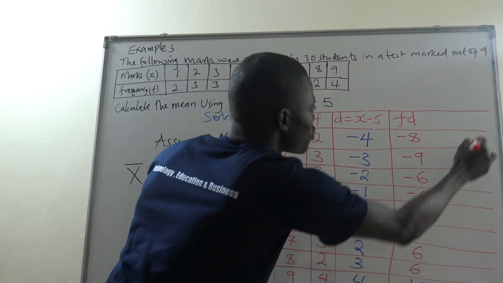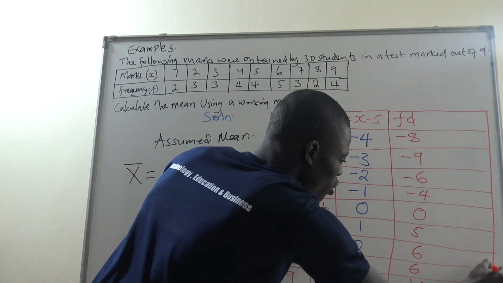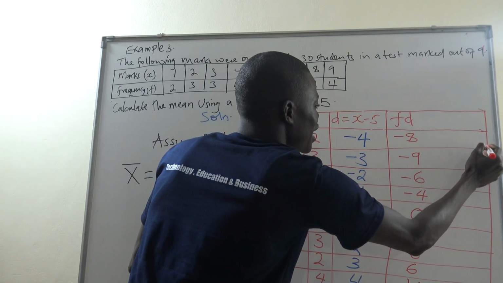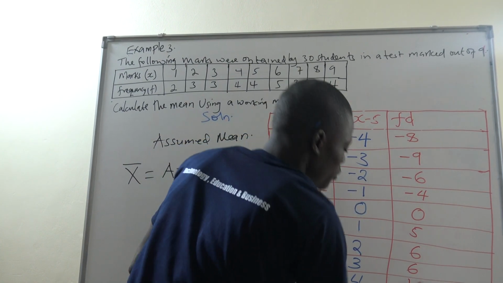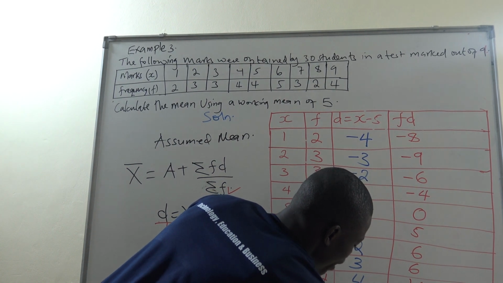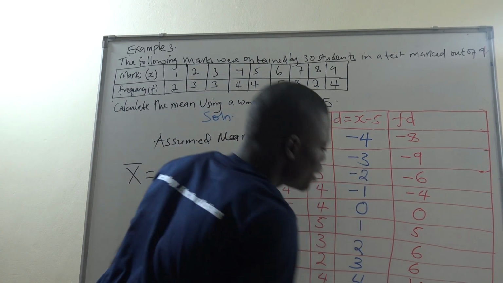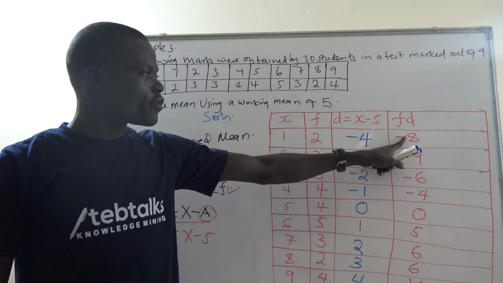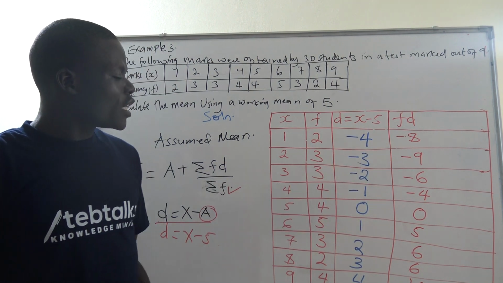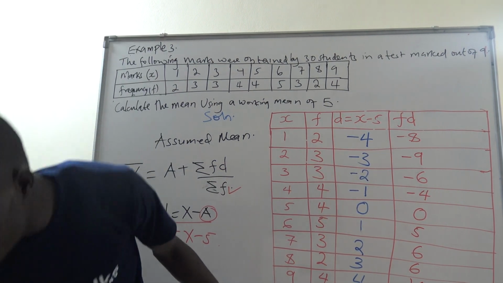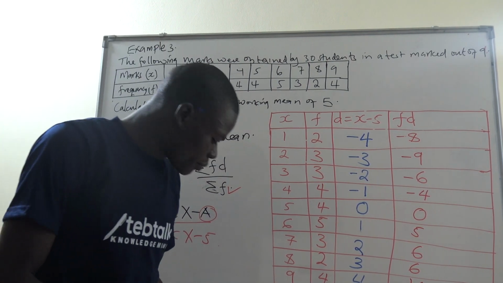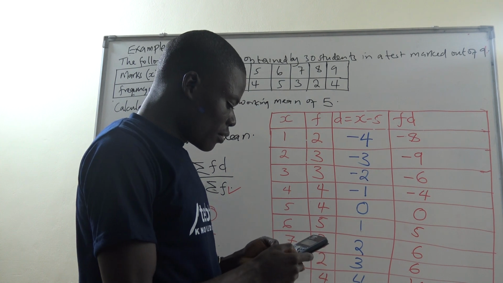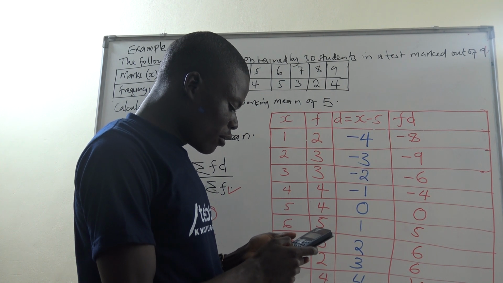Then we need the summation of frequency times D, or summation of FD. Immediately after finishing this column, you must get the summation of the corresponding FD values in your column. Summation of FD is given by adding all these values, but you should consider the negatives and the positives on each value. So we shall use a calculator to sum up this one. You can all use your calculator.